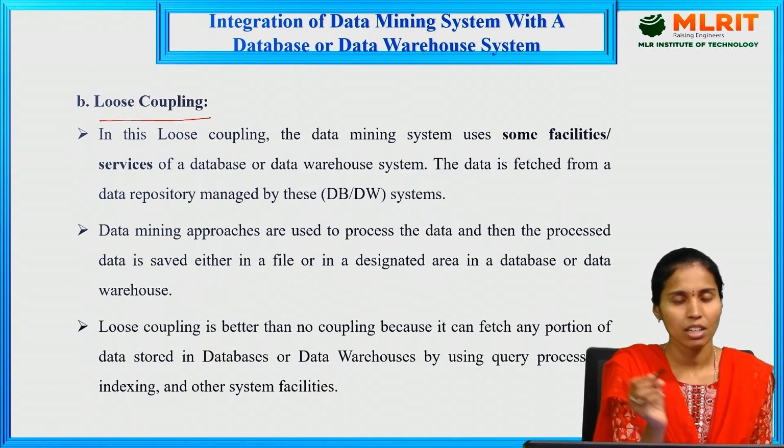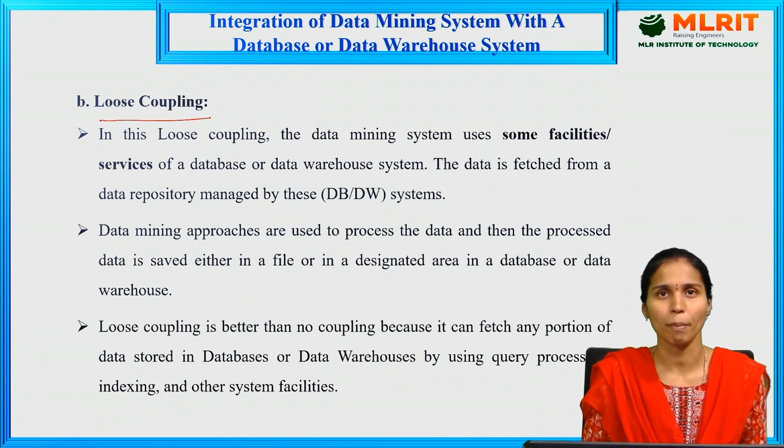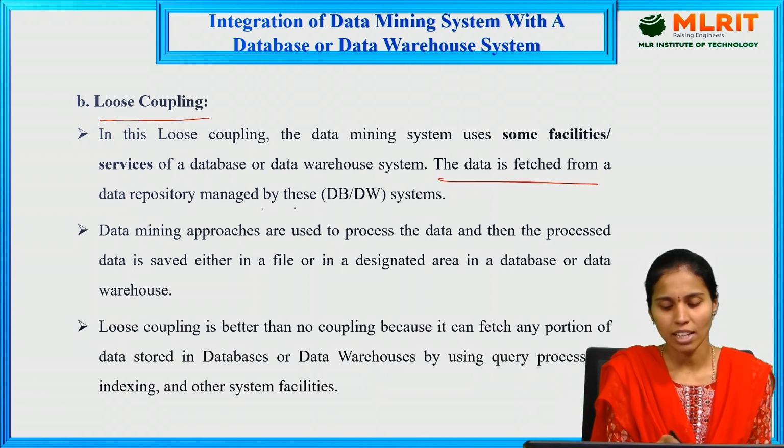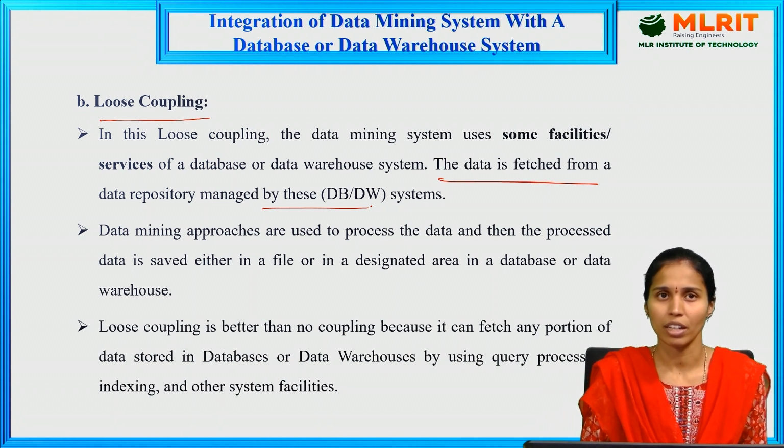Second one is loose coupling. In this loose coupling, the data mining system uses some functionalities, services or facilities of a database or data warehouse system. The data is fetched from a data repository managed by this database or data warehouse system.